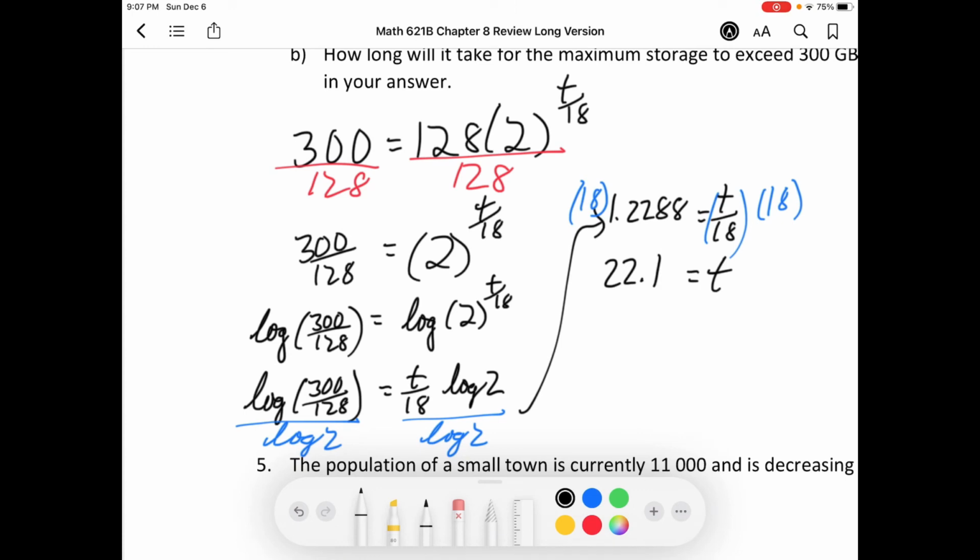And remember, since our smiley face was in months, this time is also in months. For compound interest, t will always be in years, but for other questions, it can vary. Okay. So I would take as a final answer either about 22 months, or if you wanted to go one higher, because it doesn't exactly happen at the 22-month mark, 23 months would be okay too.